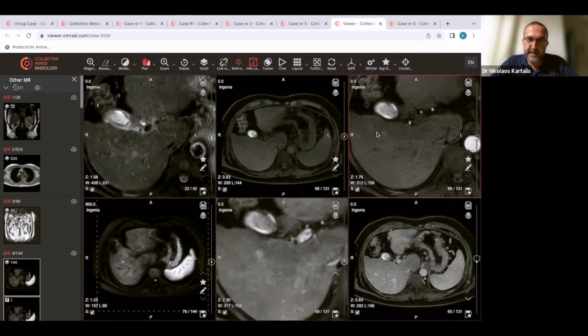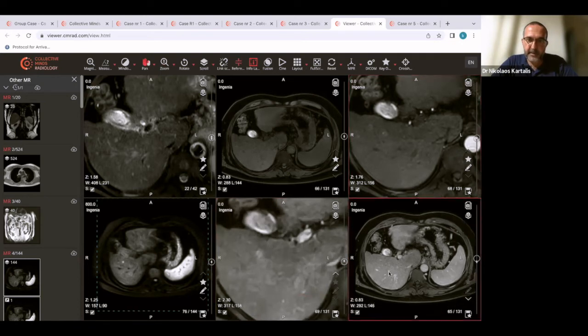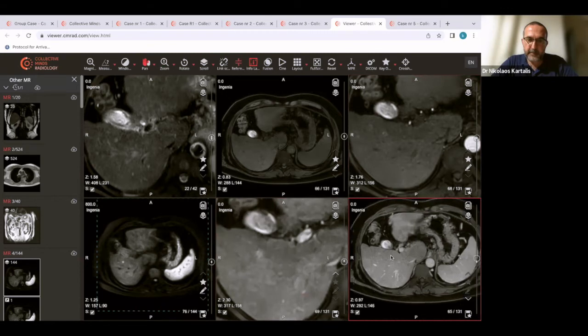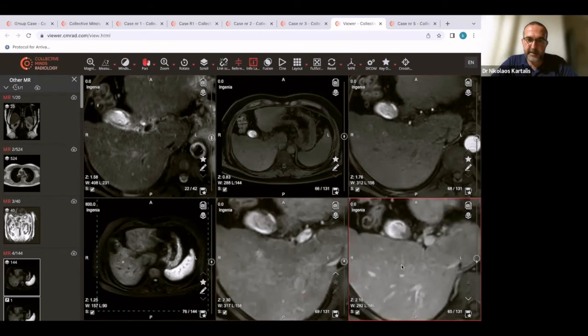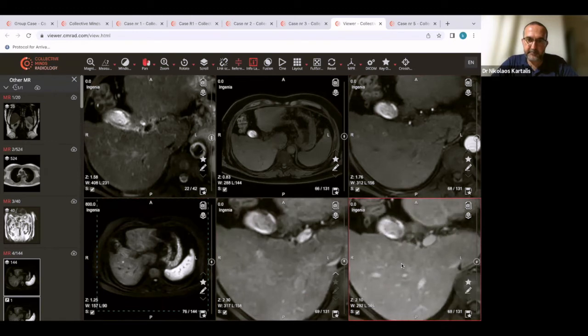So this is the late arterial phase, the portal venous phase. And this is the 5 minutes phase. So what is the most likely diagnosis? The patient has cirrhosis and ultrasound did not show anything because of a limited view. So this is extracellular enhanced MR. So is this hemangioma?